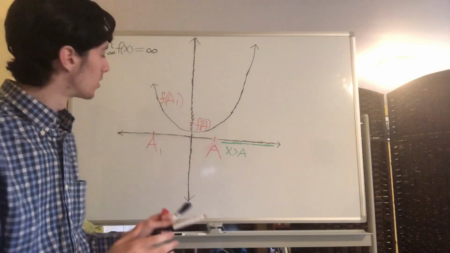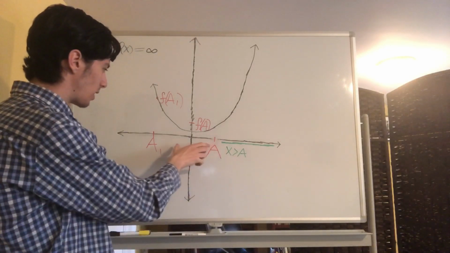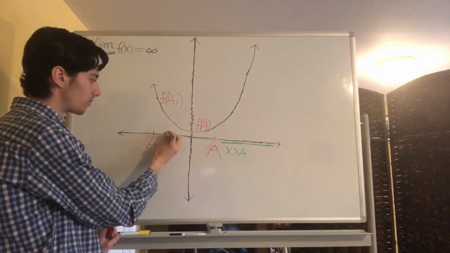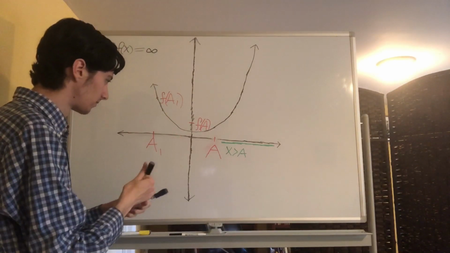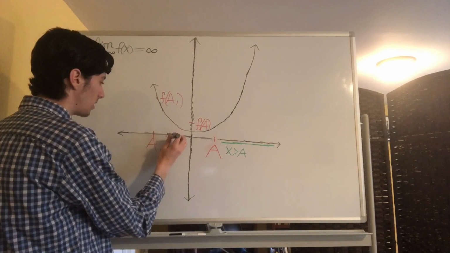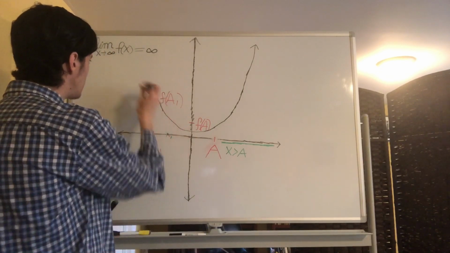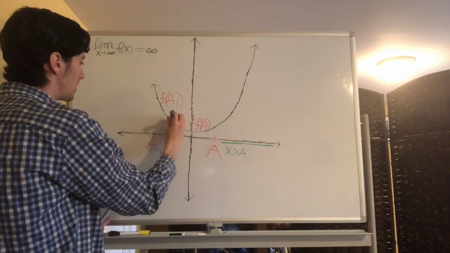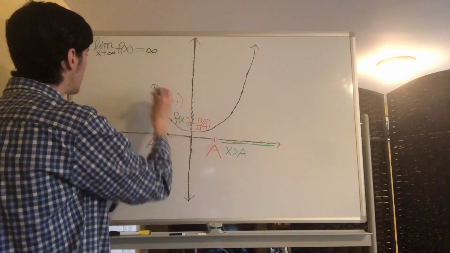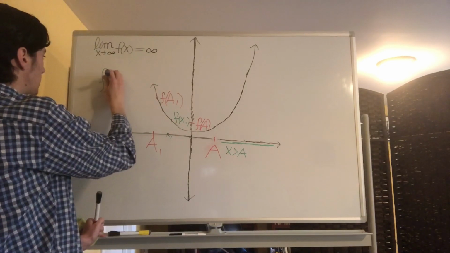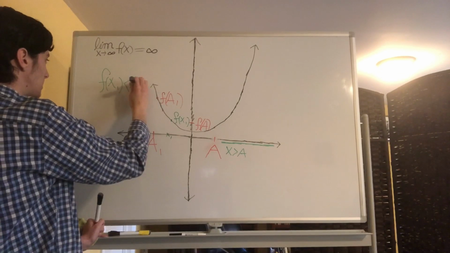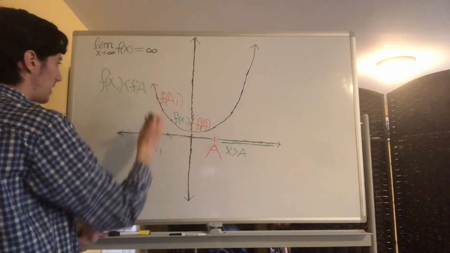If x is greater than a, which would now be in this area, we do have a value of x, which we will call x sub 1. And we see that f of x sub 1 is less than f of a sub 1.